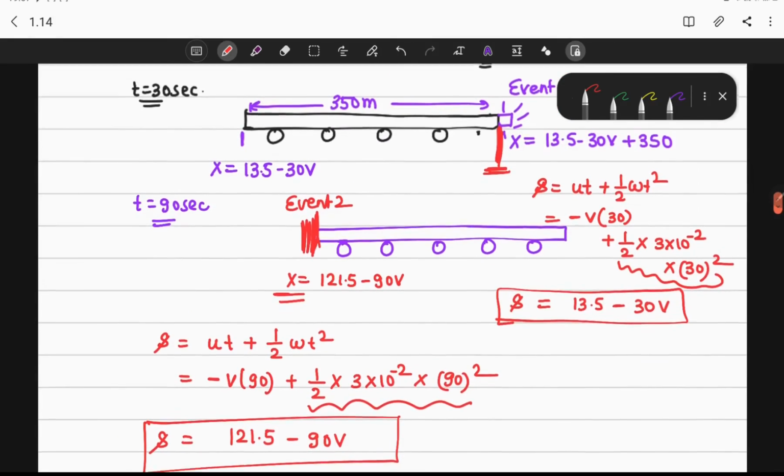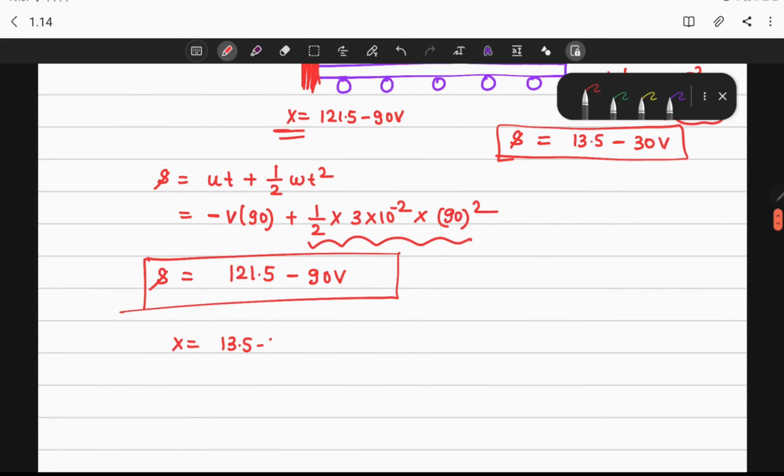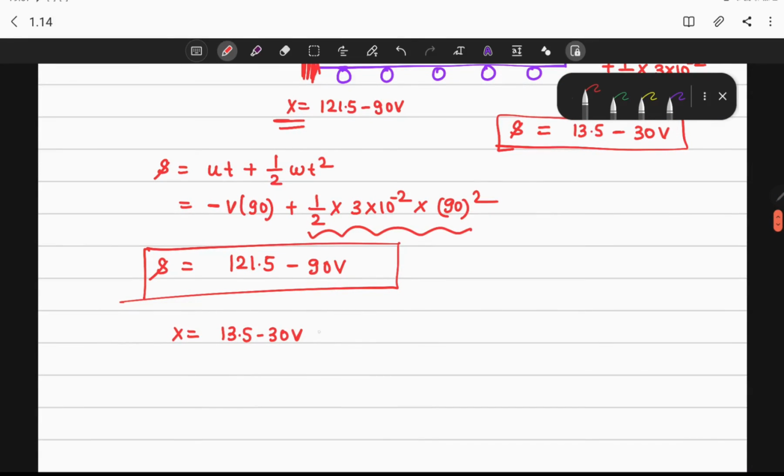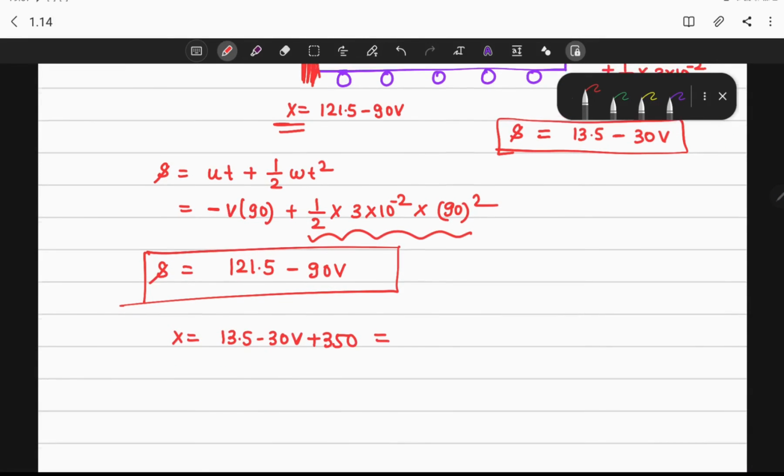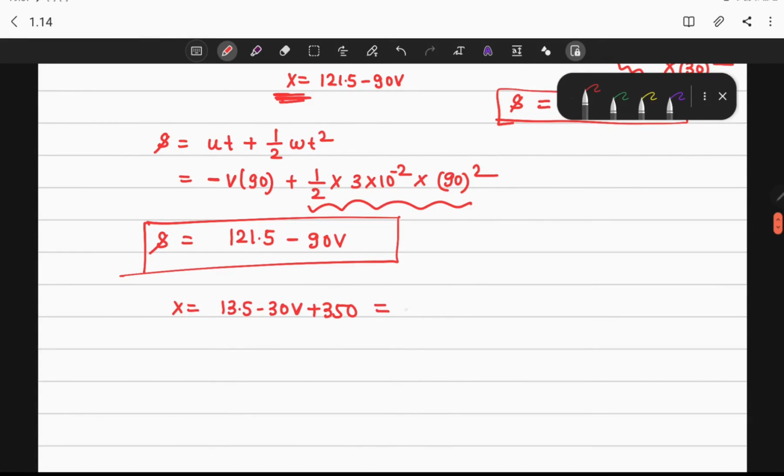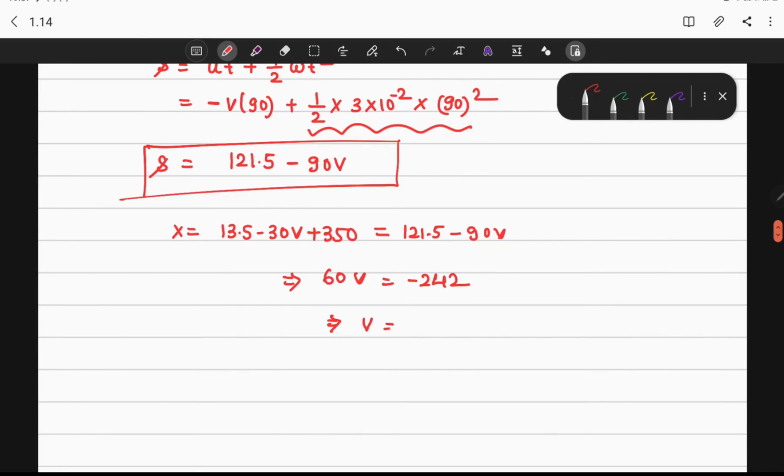That is x is equal to 13.5 minus 30v plus 350, and that is equal to the position of event 2, 121.5 minus 90v. Okay, so we can get from here 60v is equal to 350 plus 13.5 minus 121.5. So this is nothing but 242. So from here we can get velocity is equal to 4.03 meter per second, which is approximately equal to 4 meter per second.